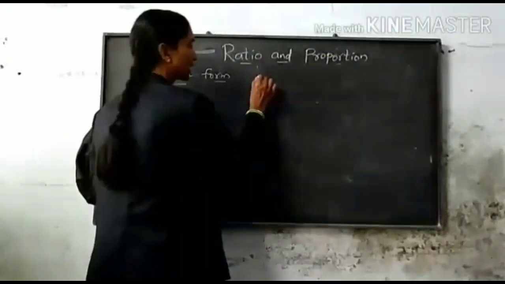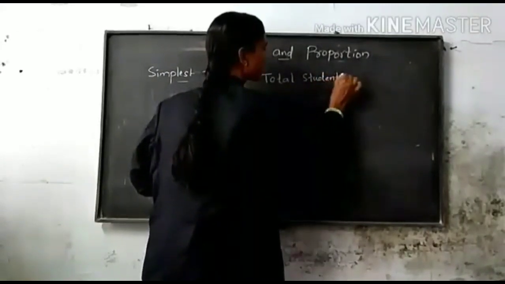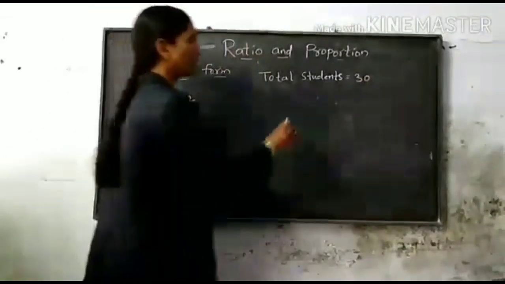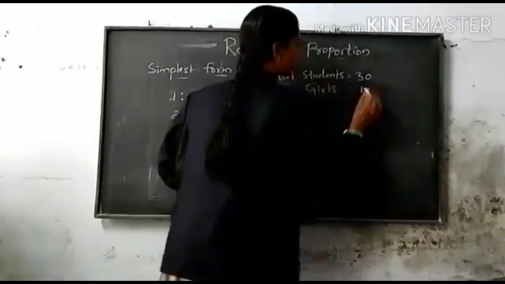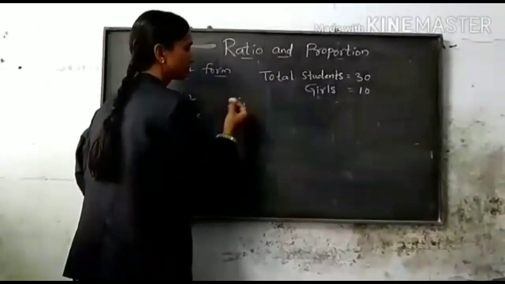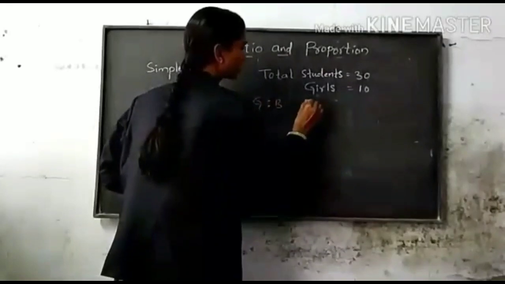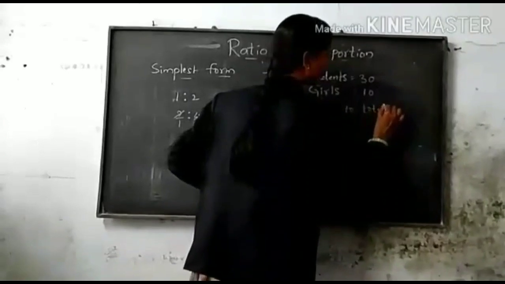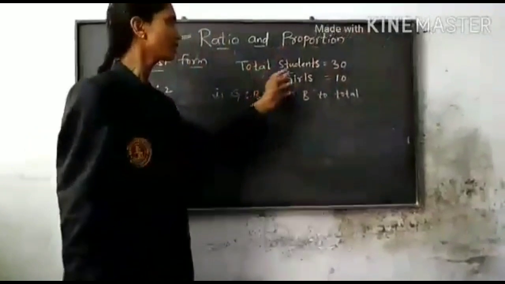In one class, total students are 30 and girls are 10.